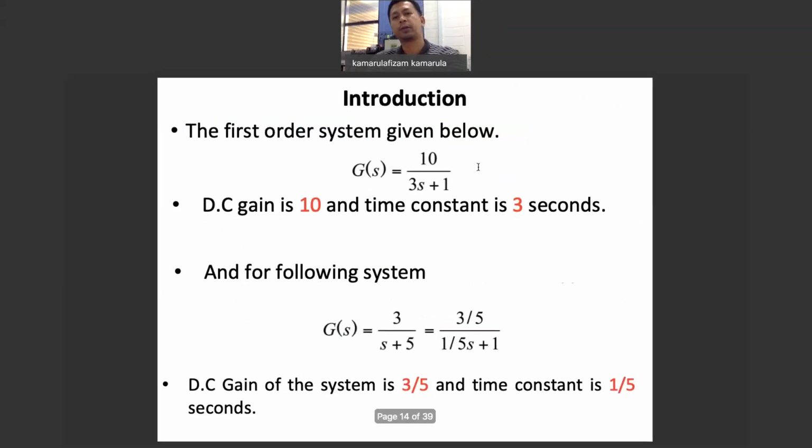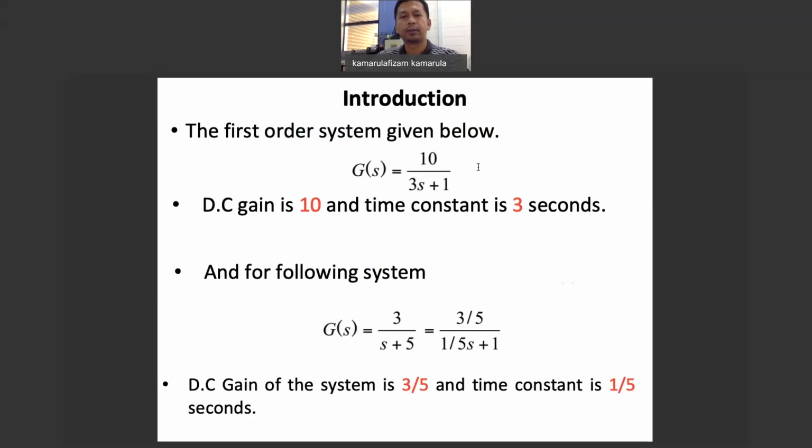All right, so the first example, the first order system is given as G(s) equal to 10 over 3s plus 1. So in this case, DC gain is 10 and time constant is 3 seconds.